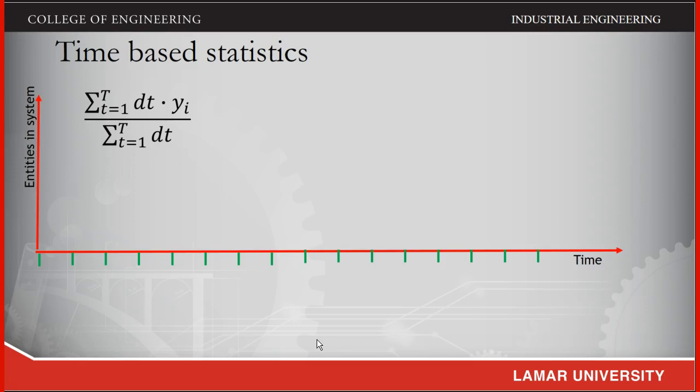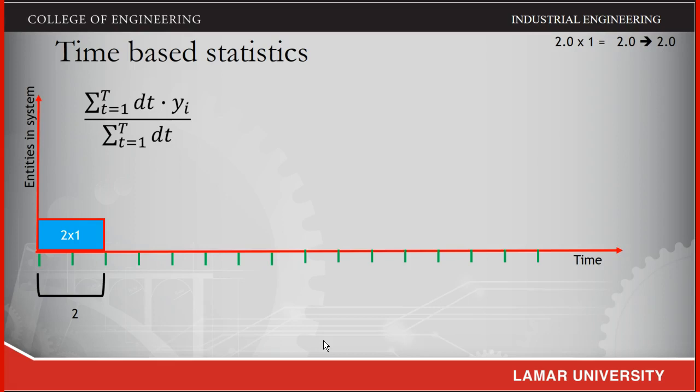So let's consider that we have a graph here representing how the time passes in the horizontal axis, and in the vertical axis we will count how many entities there are in the system. First, an entity arrives, and the entity stays in the system before any other event happens, and no other event happens for 2 units of time.